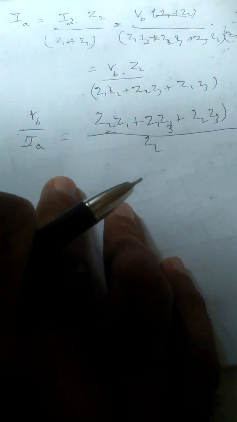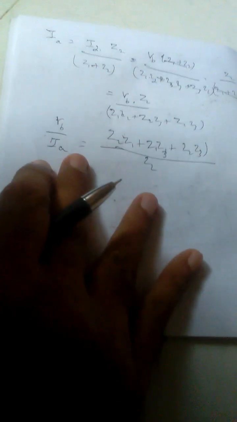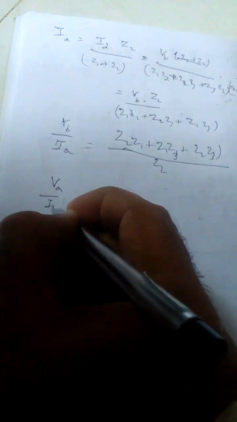So this term will go up, this term will come up. If you look at the right hand sides of both these equations, both are one and the same, right? So obviously the left hand sides must be equal.